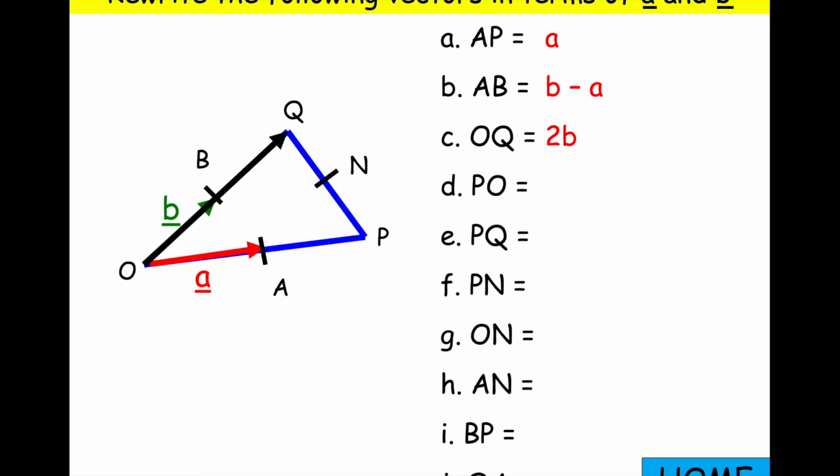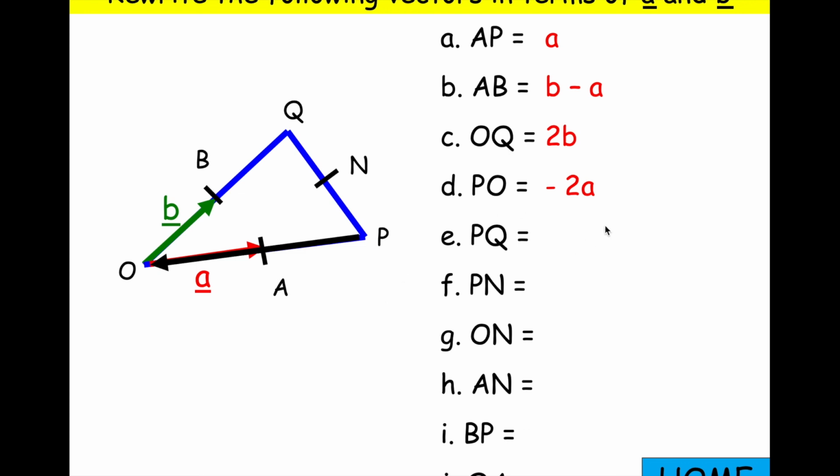And PO, let's take a look at PO. That one there, from P to O, is twice vector A, but going the opposite direction. So we need to add negative, so negative vector 2A.